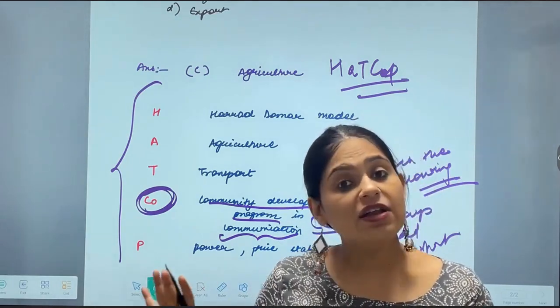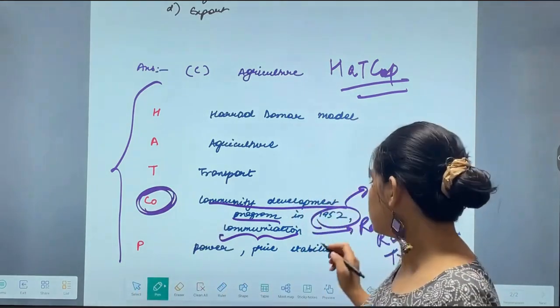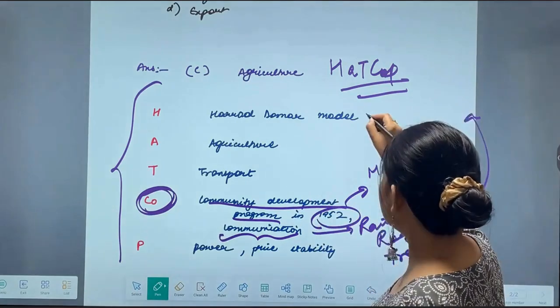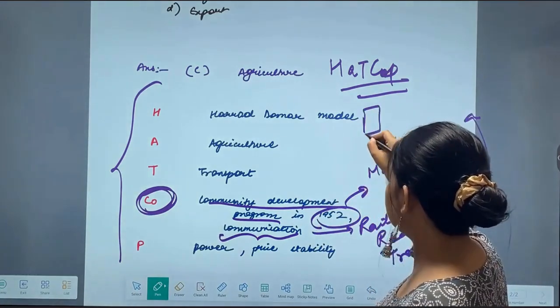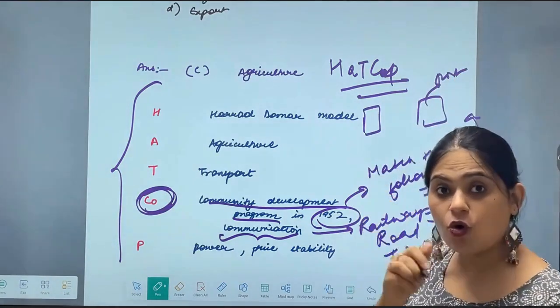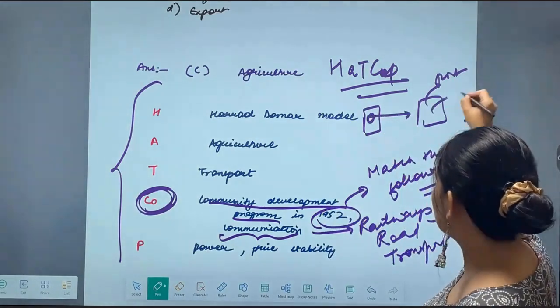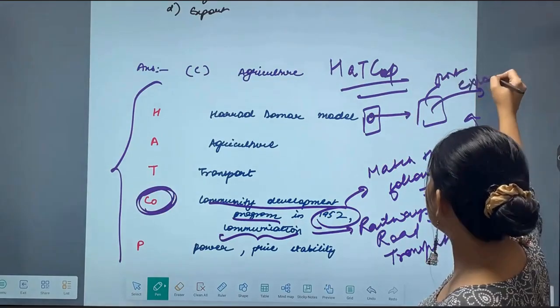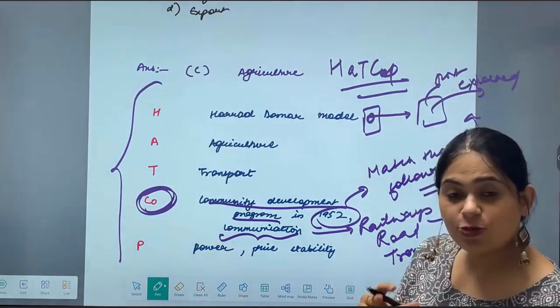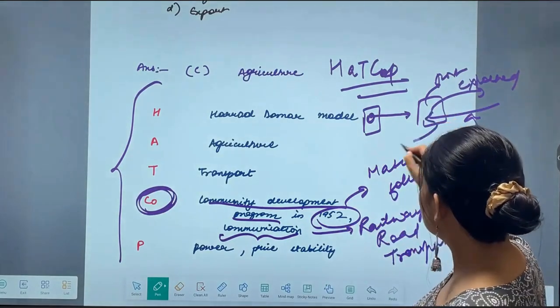But railways were only being used for, suppose this is an industry, this is the port. So it was transferring all the raw material from India to the port so that it could be exported. And जब कोई भी final good आता था, whenever any final good used to come to the port, to take it to India.